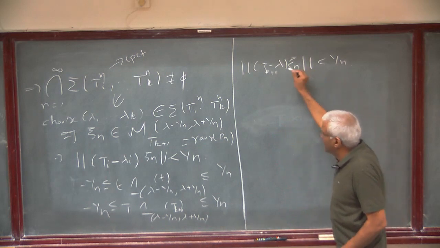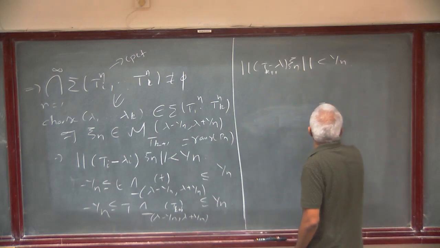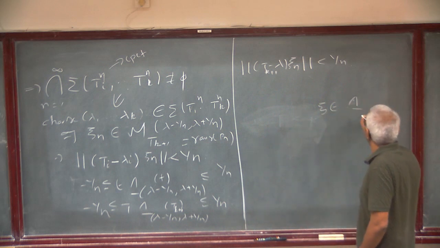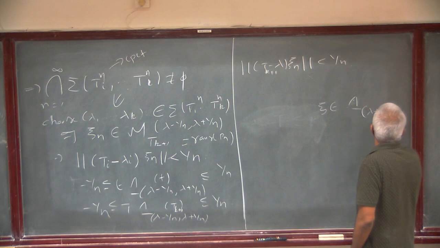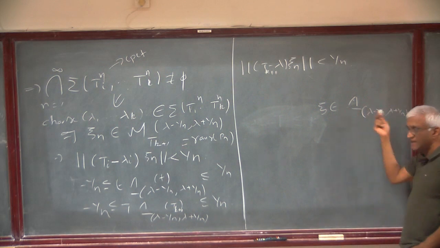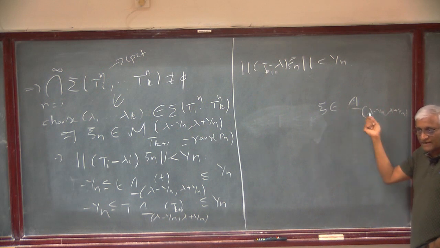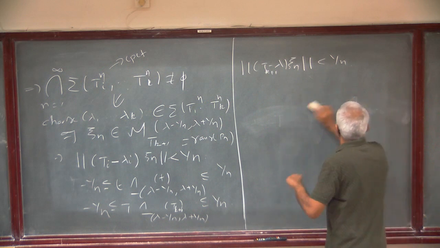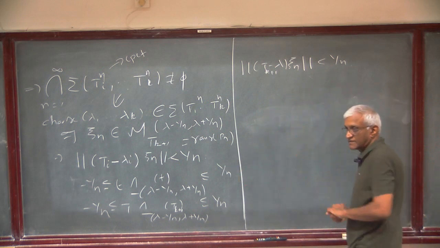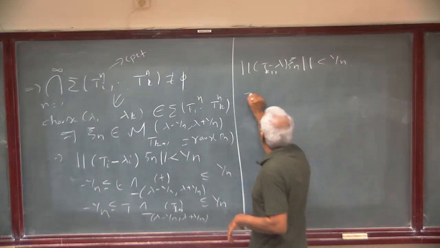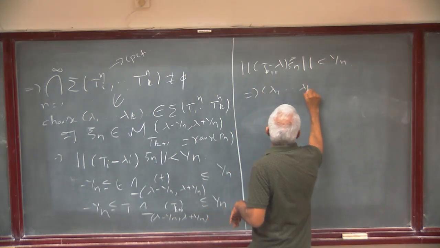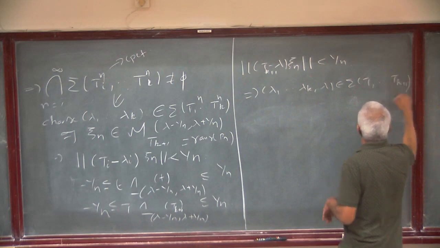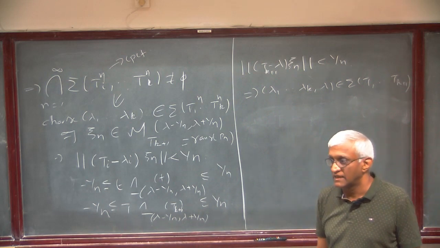If you have a Xi in the range of this space, lambda minus 1 by n, lambda plus 1 by n, then it is automatically a 1 by n approximate eigenvector for that operator with eigenvalue lambda, because it satisfies this equation and it satisfies it further. So this implies lambda 1 up to lambda k, lambda is in the joint spectrum of T1 up to T(k+1). So the proposition is true. This is what we wanted to prove.